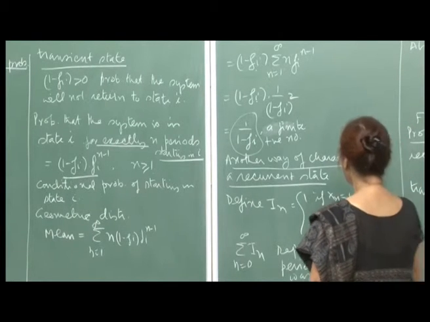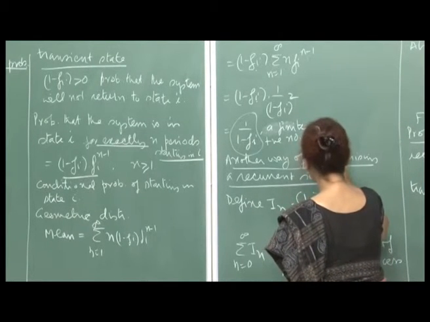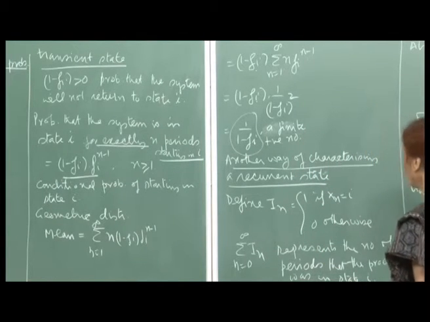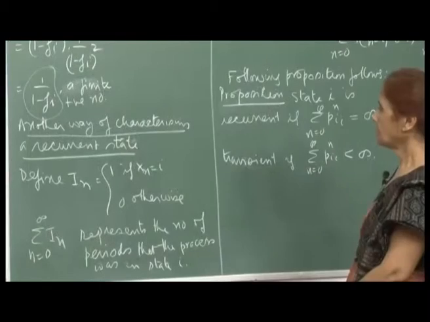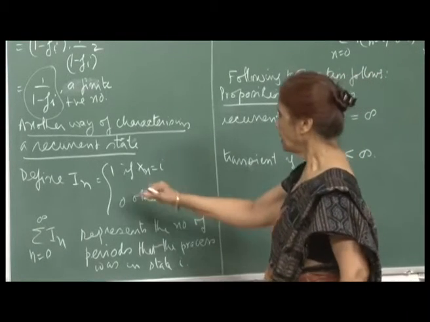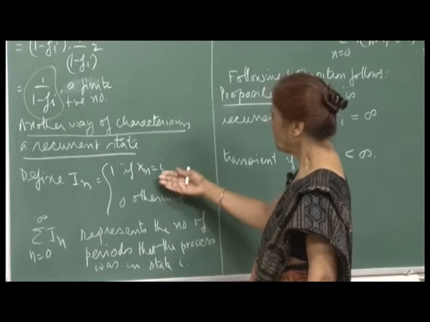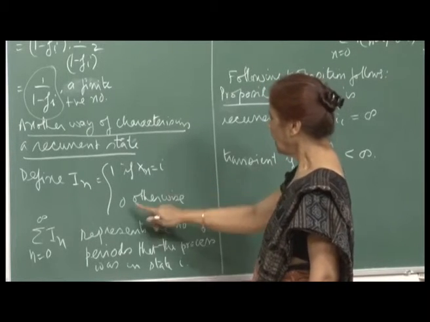Now, another way of characterizing a recurrent state. You see that we have been trying to talk about the same thing in different ways, and that certainly helps you to understand things better. So, now let us define I n as 1 if x n is I, that means if at the nth time the system is in state I, and 0 otherwise.